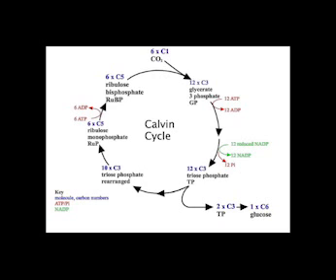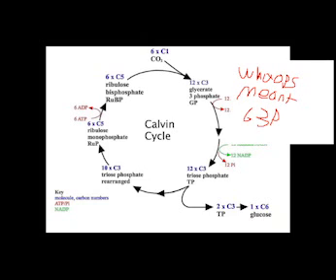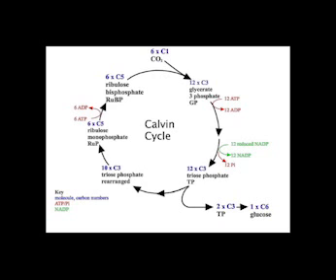The next part, reduction, is where 12 ATP and 12 NADPH are used to convert 12 PGA to 12 G3P. The energy in the ATP and NADPH molecules is incorporated into G3P, thus making G3P a very energy-rich molecule.